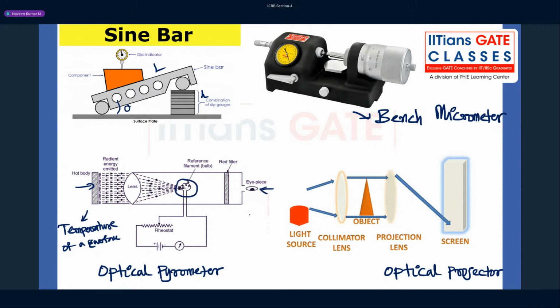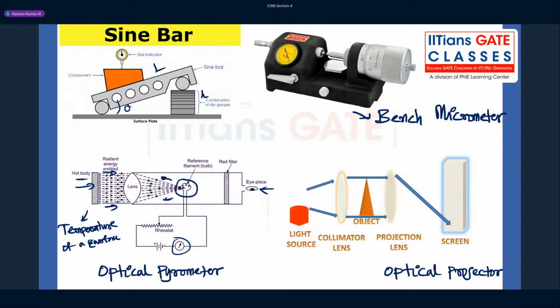You adjust your rheostat to increase the intensity of radiation, increasing the temperature of this filament bulb. The radiation energy from the bulb falls onto this lens, and the hot body also radiates onto this lens. Both the intensity patterns have to be matched.